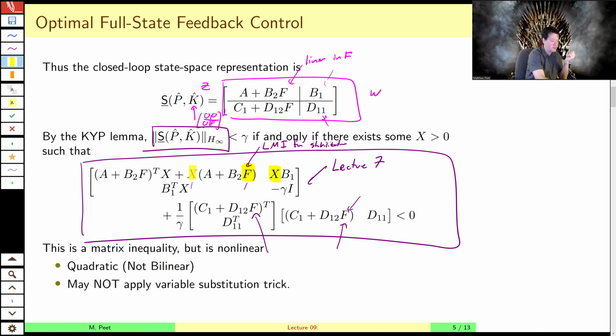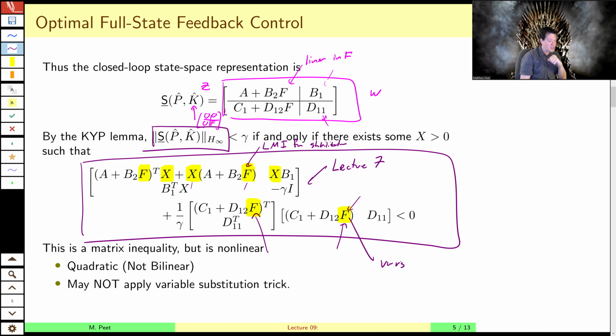So there are our variables here. Those are the variables. So it's nonlinear, it's quadratic. So we can't directly apply the variable substitution trick. So we need a first step.